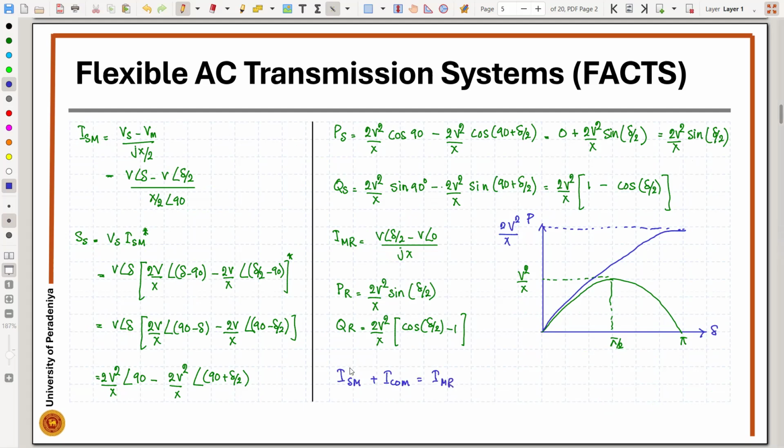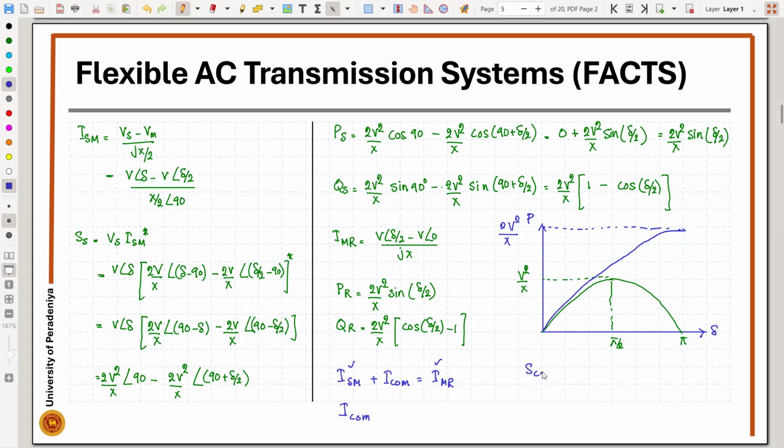Since we know these two values, we can find out what would be the compensator current.